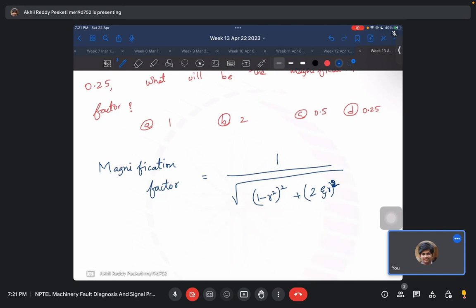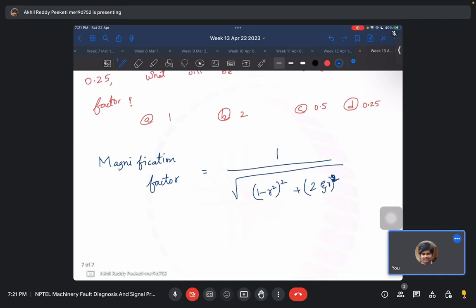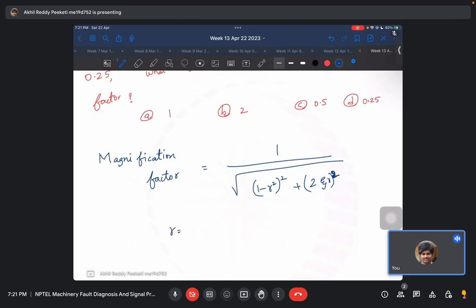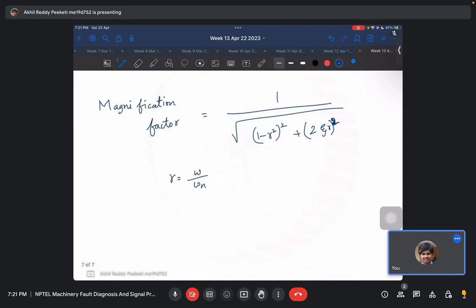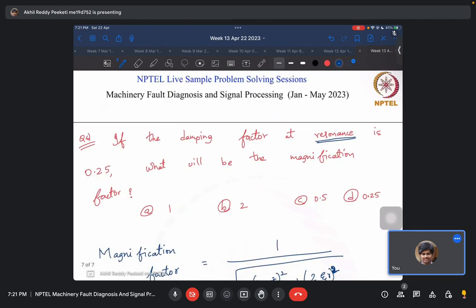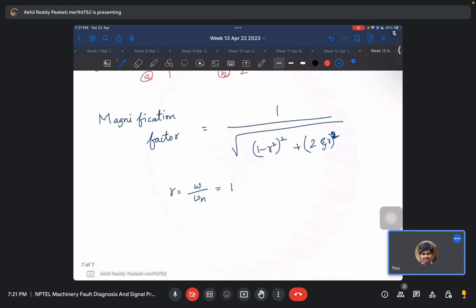So this is the magnification factor formula. Now r is the ratio of the frequency to the natural frequency. Here they didn't give the actual frequency, but they mentioned resonance. That means r is 1: the frequency of excitation and the natural frequency are equal, and we are at resonance. And the damping factor is 0.25.